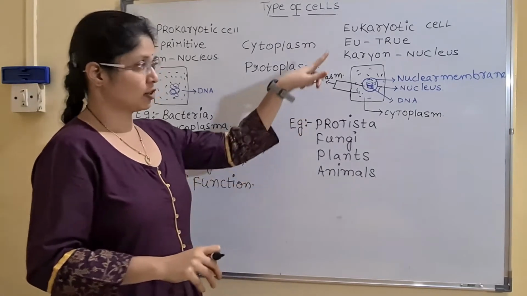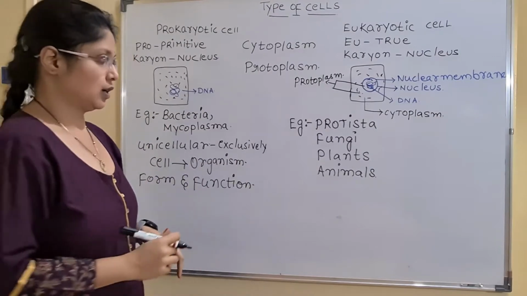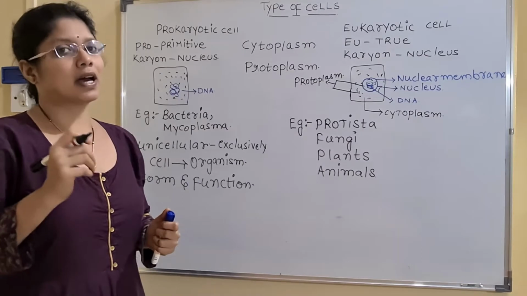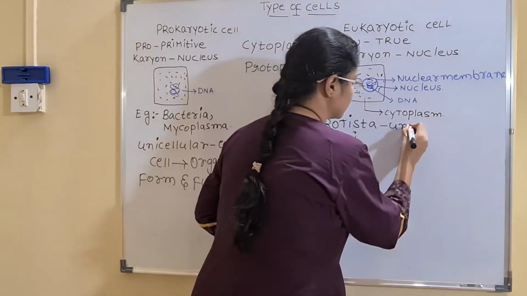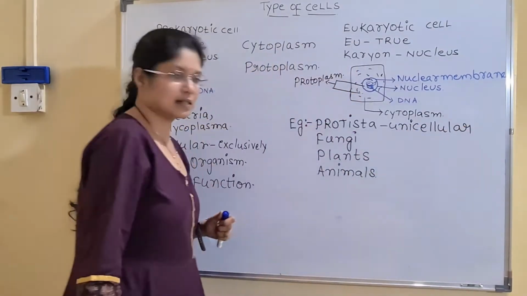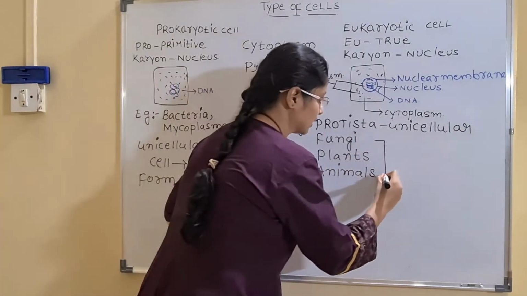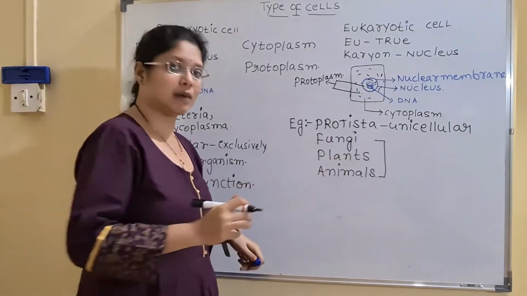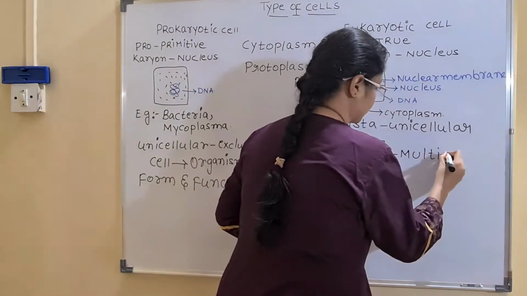But if you observe eukaryotic cells, we have both unicellular as well as multicellular. So which group of organisms are unicellular eukaryotic? Can you tell me, children? That is protista. So these are unicellular eukaryotic organisms. And coming to all the three other groups, the majority of the organisms in eukaryotes are multicellular.